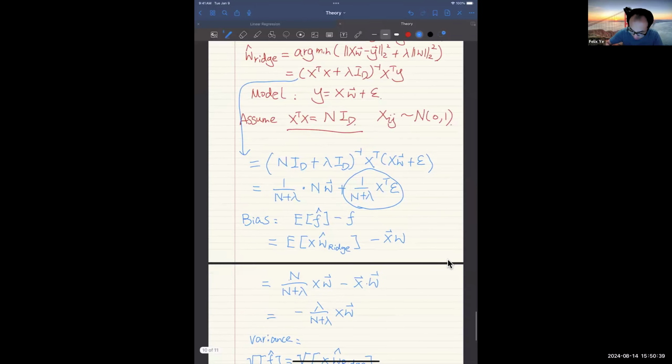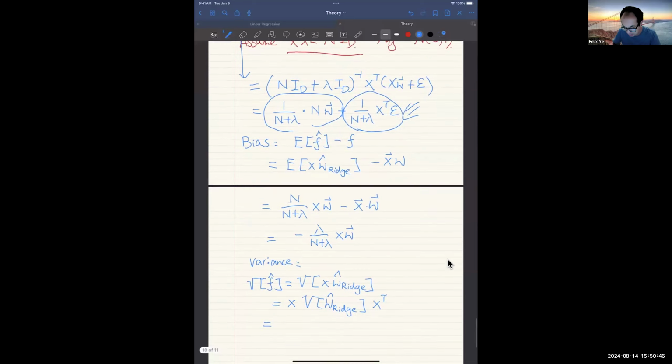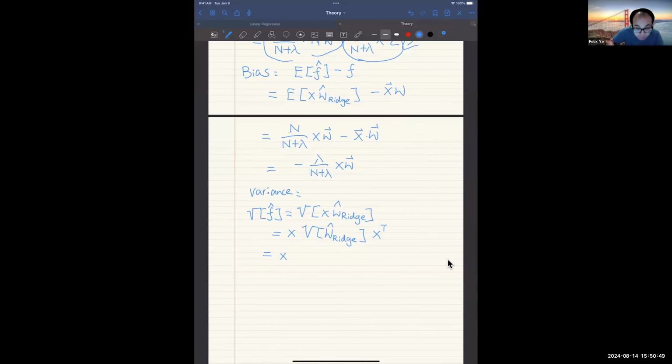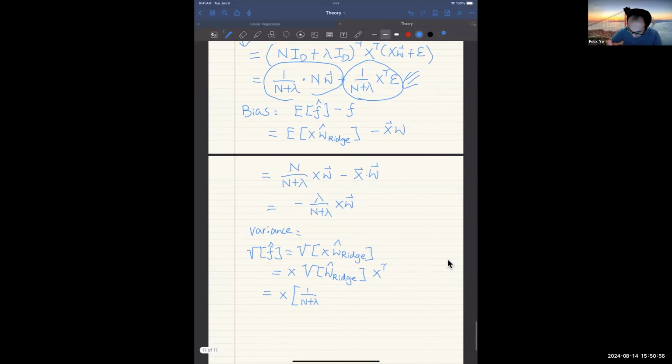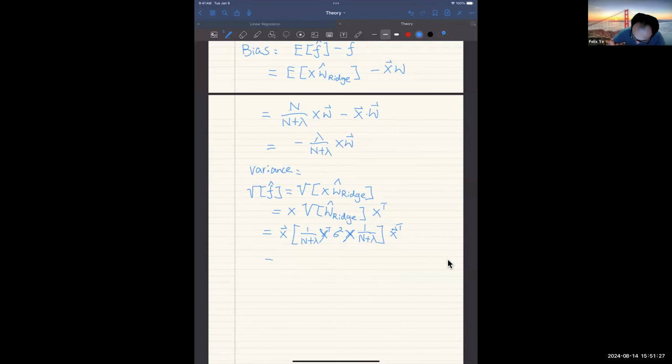Everything else is deterministic, so the variance all comes from the epsilon part. It becomes 1 over n plus lambda X transpose, the variance of epsilon, which is sigma squared, times 1 over n plus lambda X. The little x here is different from the big matrix X. We know X transpose X is identity times n.